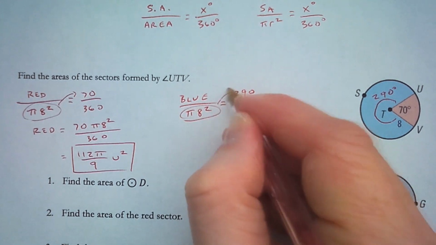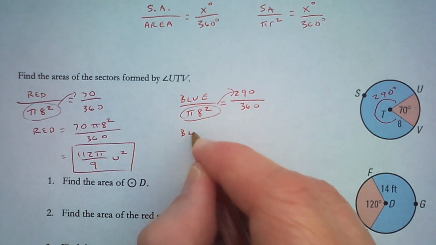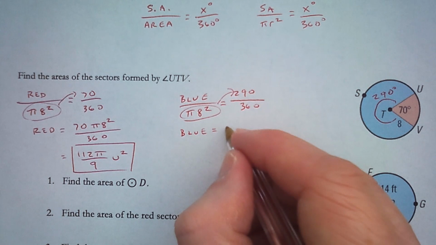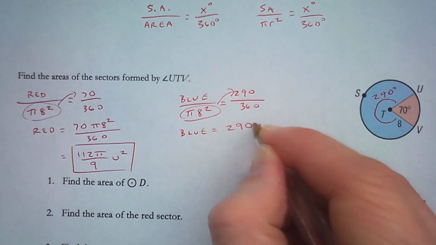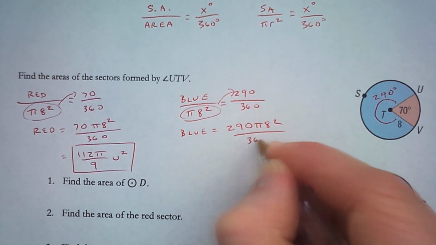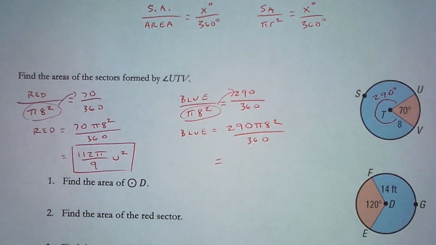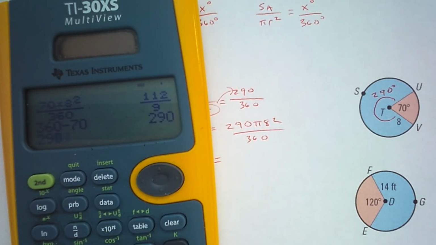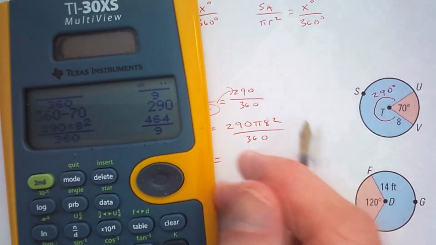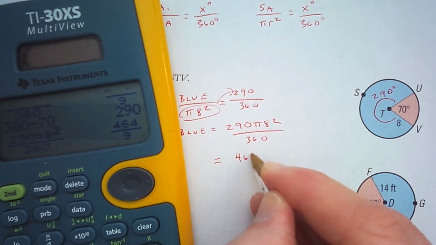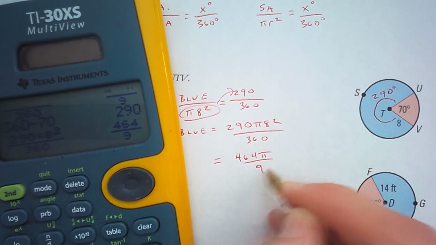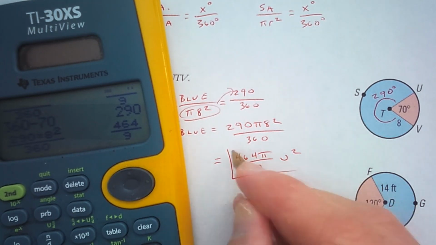I'll multiply this across, and I get that the blue area is 290 times pi 8 squared over 360. So 290 times 8 squared over 360 is 464 over 9, so my answer is 464 pi over 9 units squared.